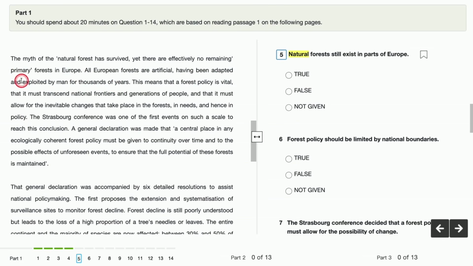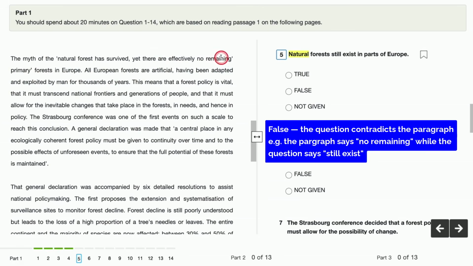I think here primary forest means the same as natural forest. It says no remaining natural forests, but the question says natural forests still exist. They contradict each other, right? So I think the answer is false. And the following sentence says all European forests are artificial, meaning there are no natural forests left. So I think false is the answer.